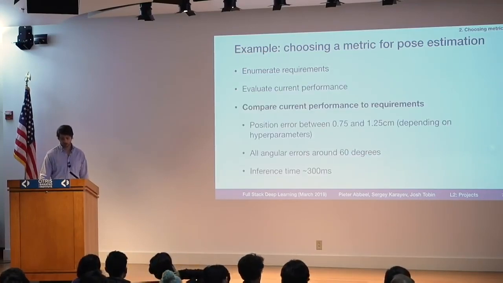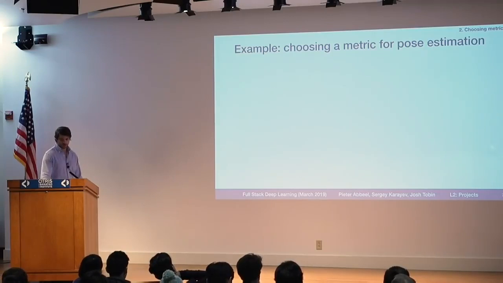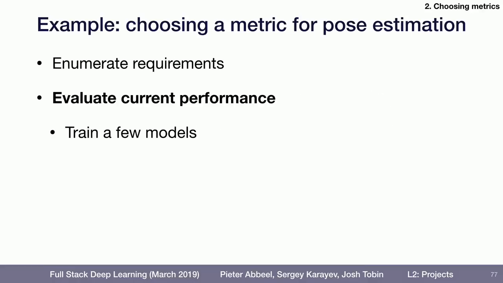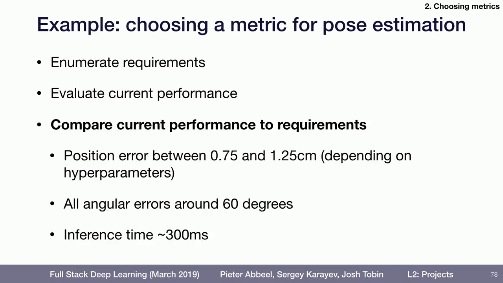So we've enumerated some requirements, and now we might train a few models just to see how well we're currently doing. We might realize that we're already doing quite well on position error, but our angular errors are really far off, and our inference time is too high. So how can we use this data to make a decision about what the first metric to optimize is?